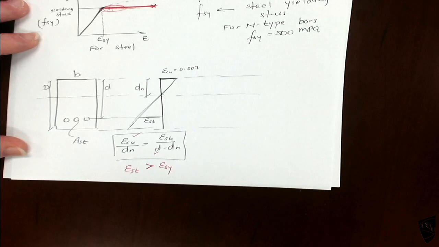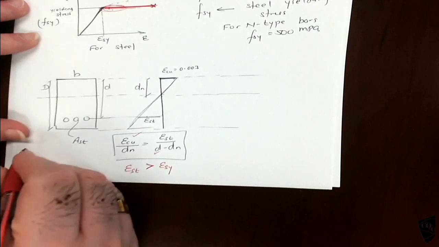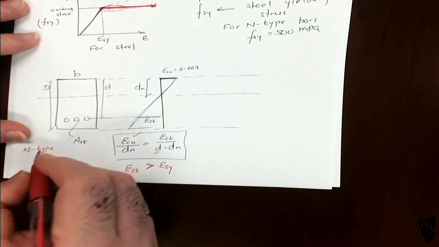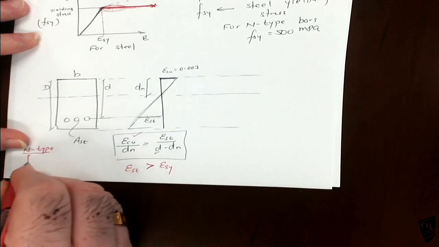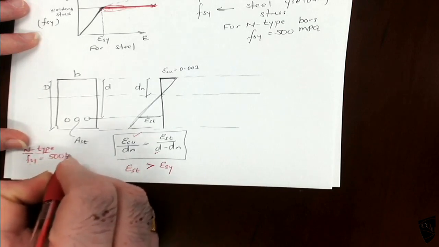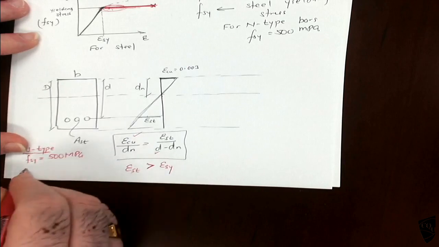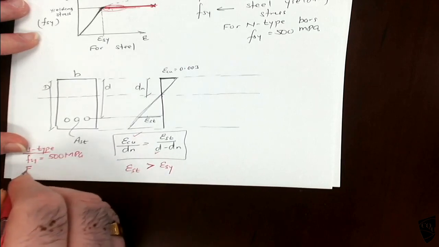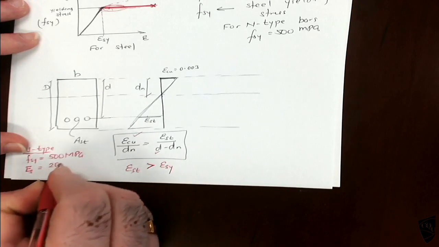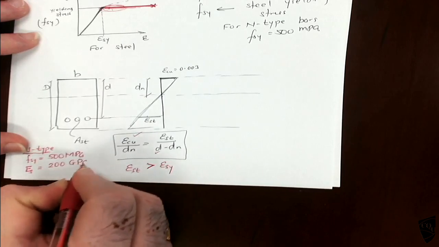What is the yielding strength for N-type? FSY, the yielding stress, is 500 MPa. E value is 200 gigapascal.